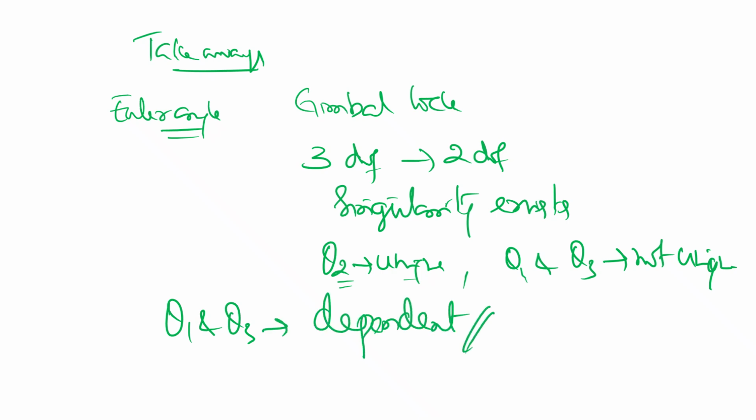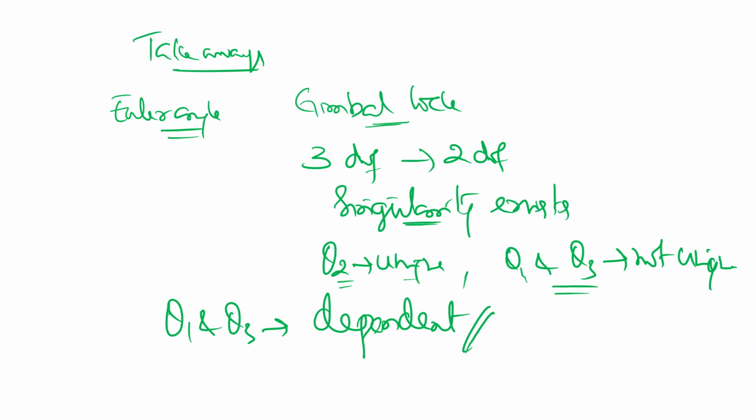So whenever you operate your manipulator in Euler angle formulation, make sure that you will have gimbal lock. As a result, 1 degree of freedom is reduced, so your singularity occurs, and then this will be dependent. So make sure that you know everything. Then accordingly, you can do that configuration.